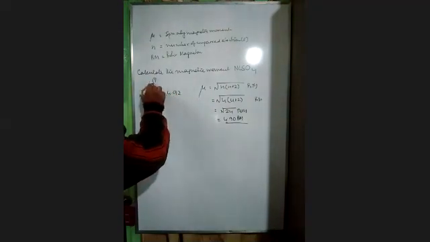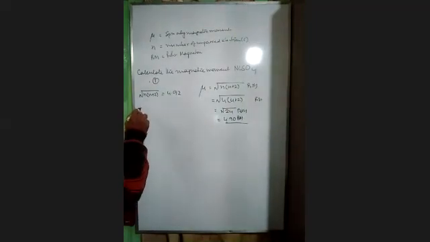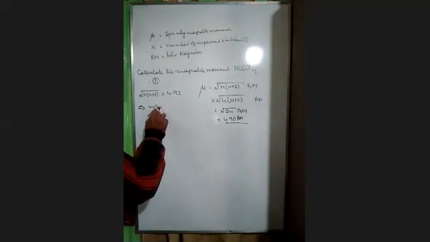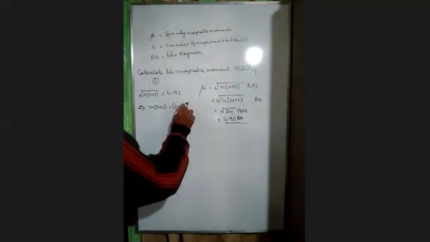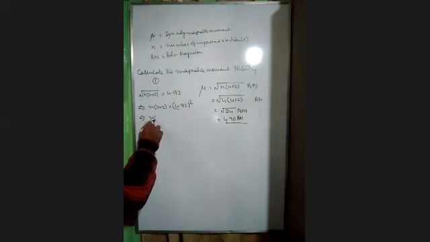See, the mark would be 1. So what will you write now? You will write n into n plus 2 is equal to 4.92 square. Is it not?